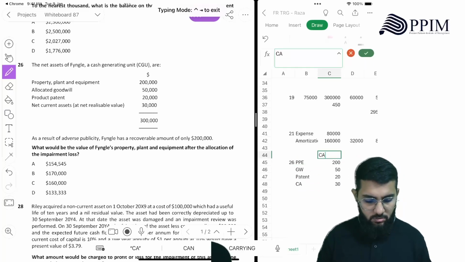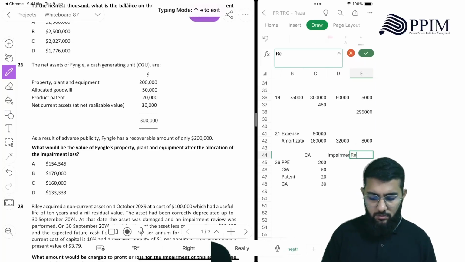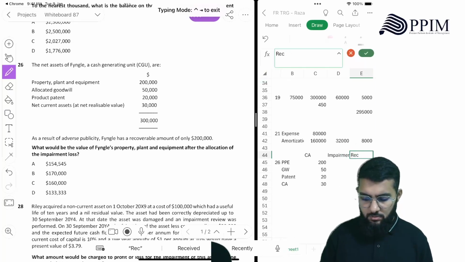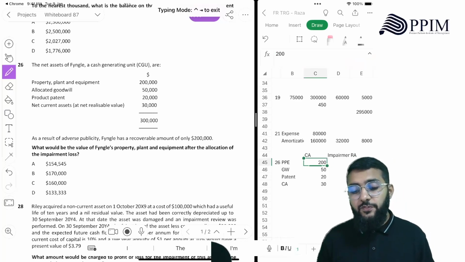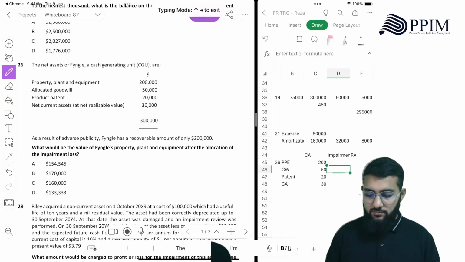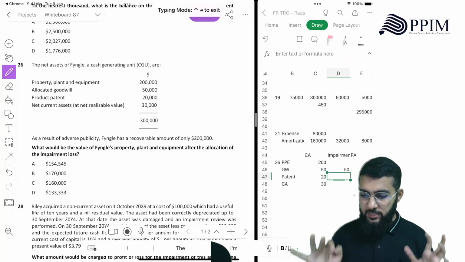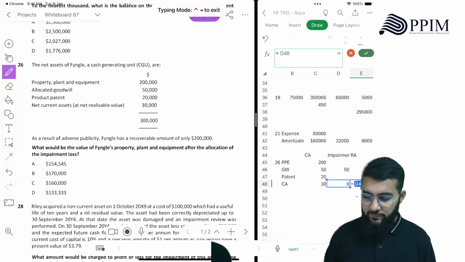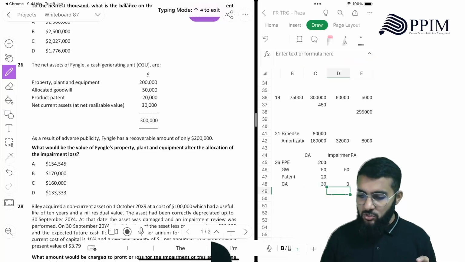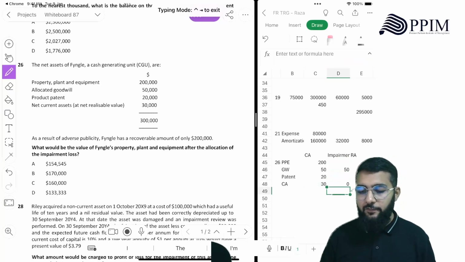Carrying amount, impairment, recoverable amount. Now, out of 100,000, 50,000 you allocate to goodwill. So your goodwill becomes 0. That's what you do first. Here you do nothing because it's at net realizable value itself. So this remains 30,000. So what remains? 220. Now we do the allocation.